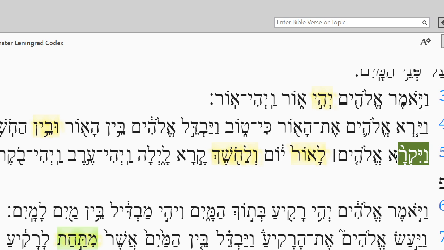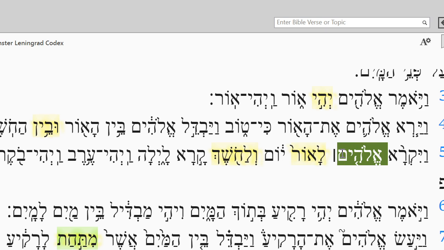Okay, so it says, Wayakara, and he called. So again, we see the two prefix combination of wa and ya, he. Korah, meaning to call. So Wayakara, and he called. The he is identified in the next word, the next word being Alahayim. So this would be translated as, and God called.